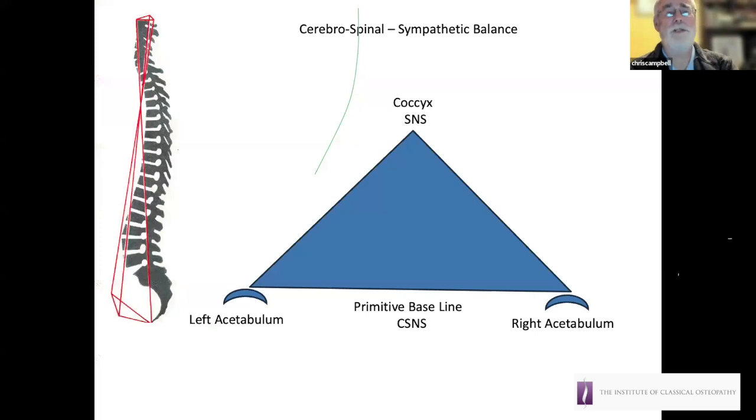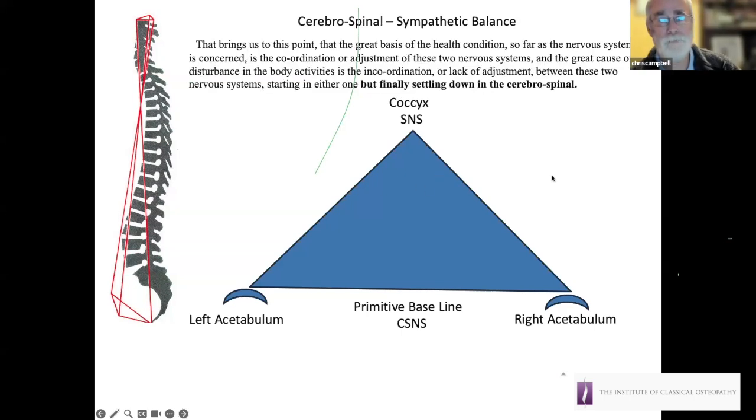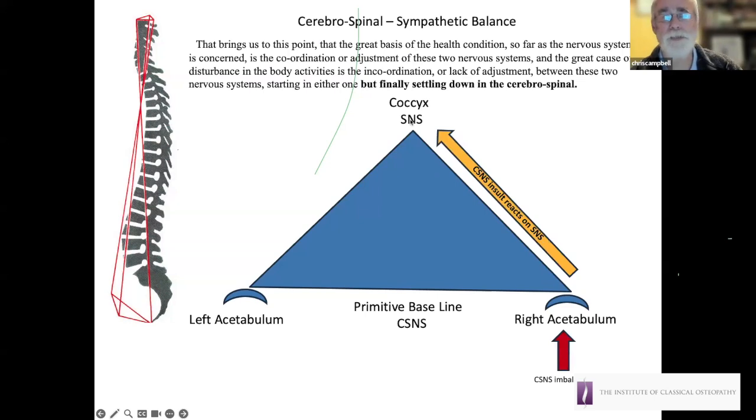So if we look at the baseline, what Wernham and Littlejohn used to call the primitive baseline of this triangle of the pyramids, the primitive baseline running from acetabulum to acetabulum is basically the cerebrospinal balance in the body. The coccyx is the sympathetic balance within the body. So if we get a cerebrospinal imbalance or insult, it reacts on the sympathetic system.